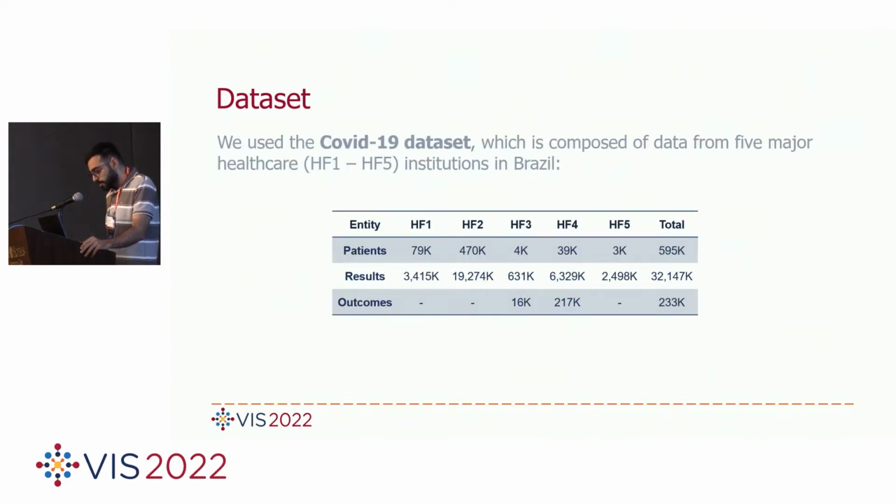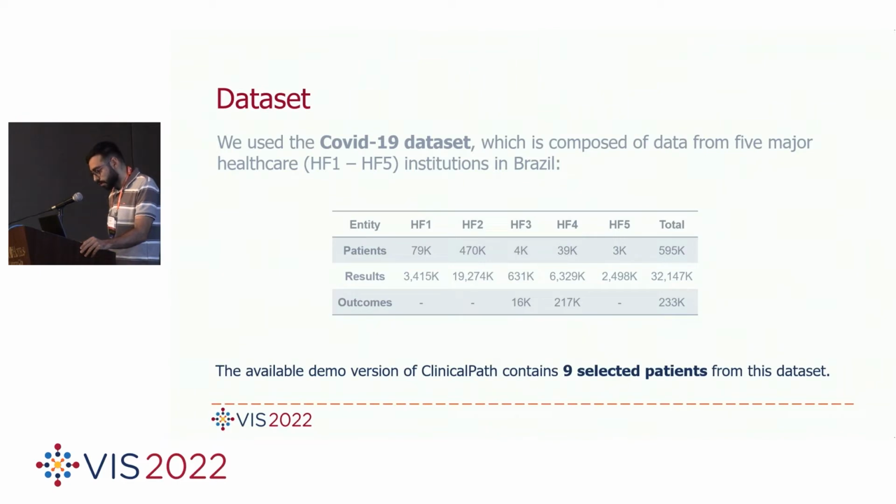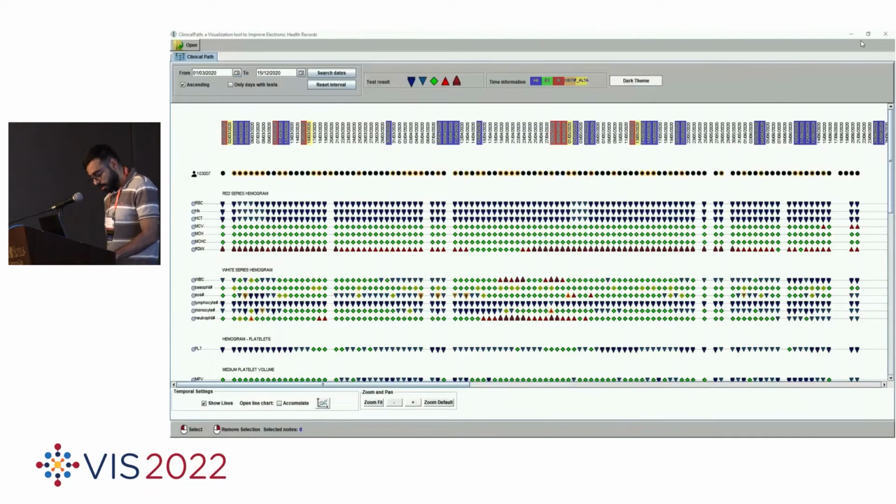Together, they collect almost 600,000 patients and more than 32 million laboratory results. The current version of Clinical Path contains 9 selected patients, which presented interesting cases. I will now show a demonstration of the system in order to show the functionalities and a use study.